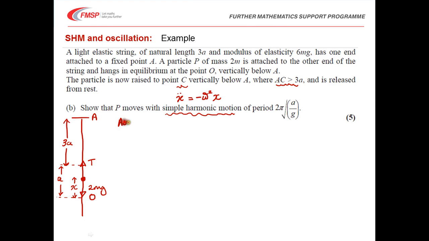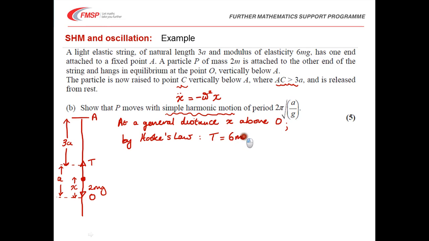So at a general distance x above O, I'm going to get an expression for my tension using Hooke's law. By Hooke's law, my T equals lambda, which is 6mg. Now the extension in this case, do be a little bit careful here, the x in the Hooke's law formula is a different x from the x that we're using here in the equation.